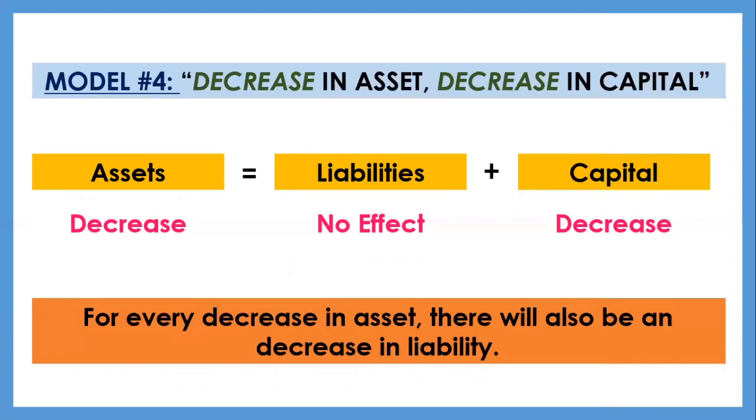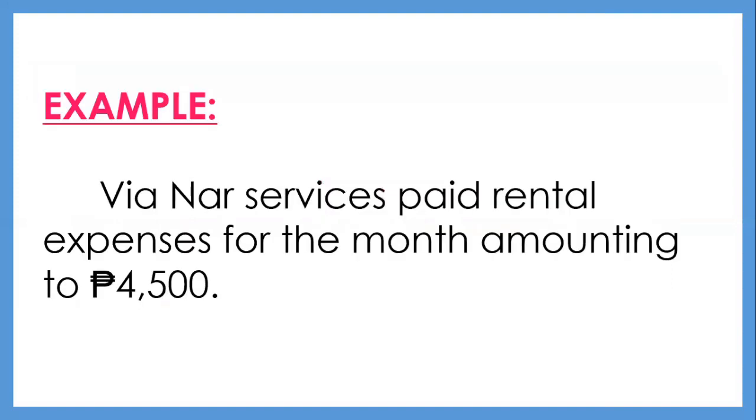Now, in order for us to better understand this model, let us have an example. Example, VNR Services paid rental expenses for the month amounting to 4,500 pesos. Now, the first step that we need to do in order to solve this problem is to analyze the transaction.